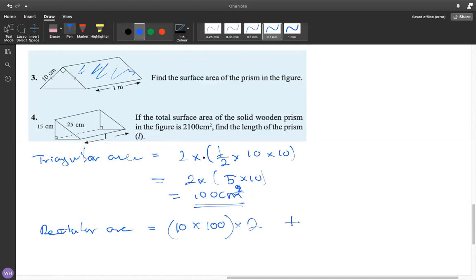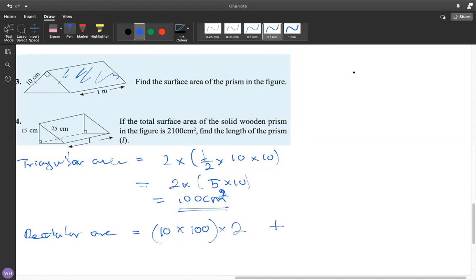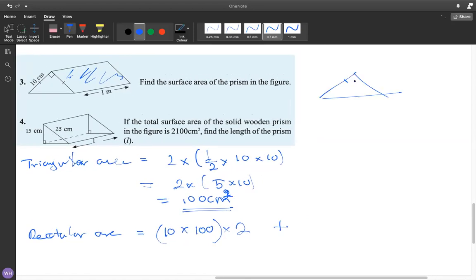How can you find the breadth? By applying Pythagoras, isn't it? This is 10, this is 10, so what will the length be? The question says to the nearest decimal, so let's find it.